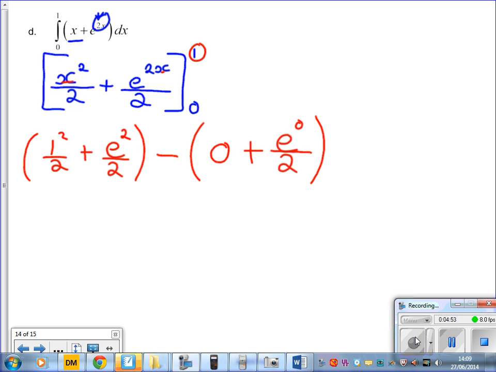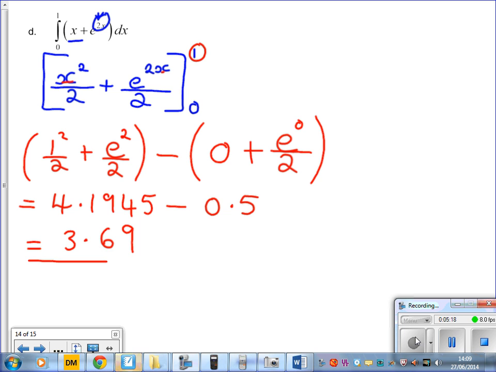Putting the first bracket into my calculator, a half plus e to the power of 2 all over 2, get 4.1945. Take away e to the power of 0 is 1. 1 divided by 2 is a half. So take away a half, giving me an answer to three significant figures of 3.69.